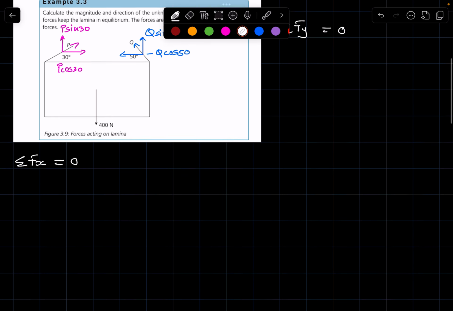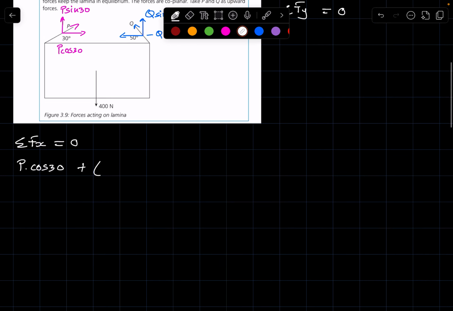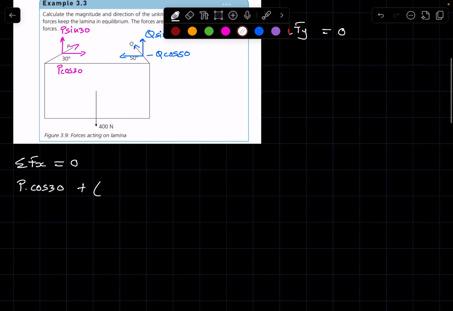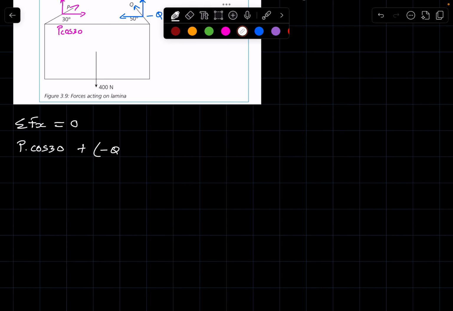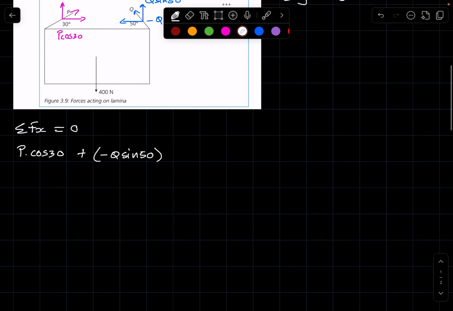All right, forces in the x direction, we have positive P cos 30 plus, all right, then the horizontal component of the Q is negative Q sine 50. All right, there's no other force in the horizontal direction, equal to 0.